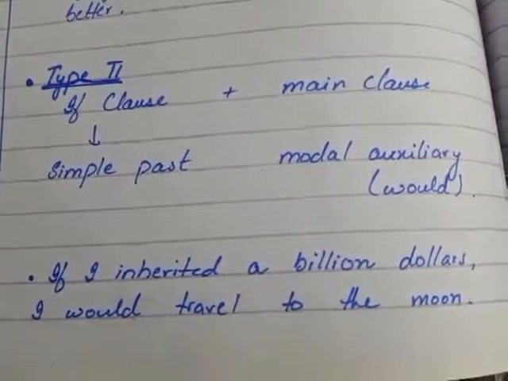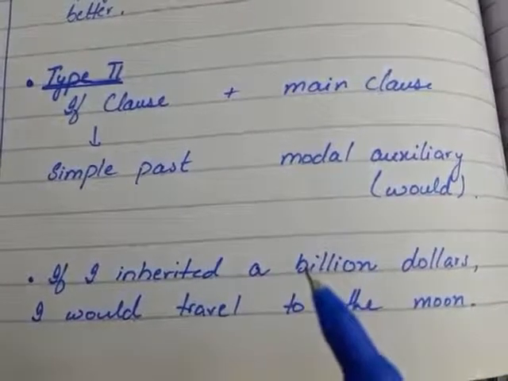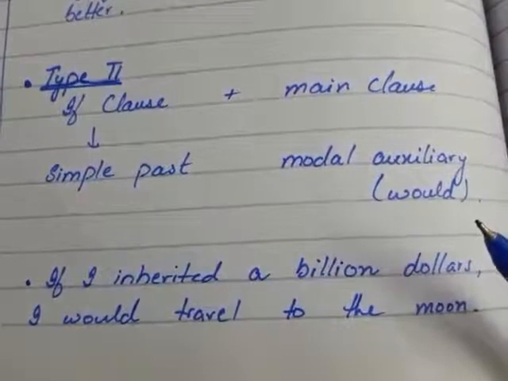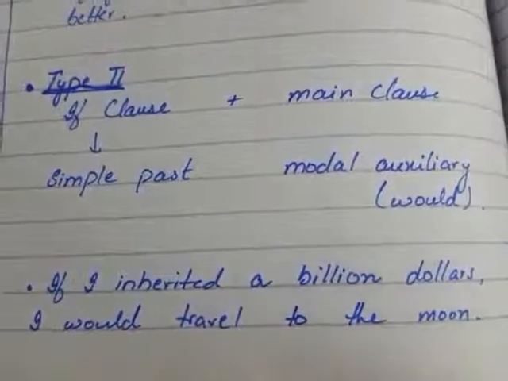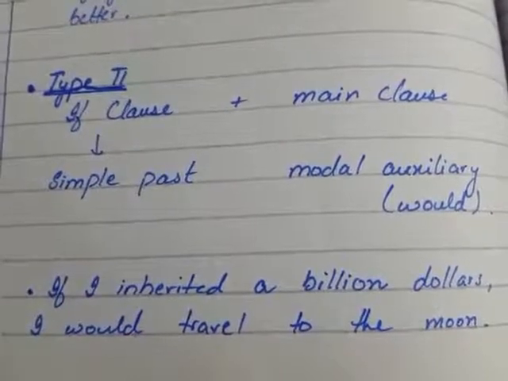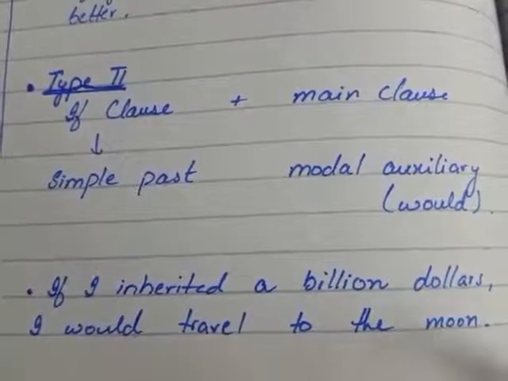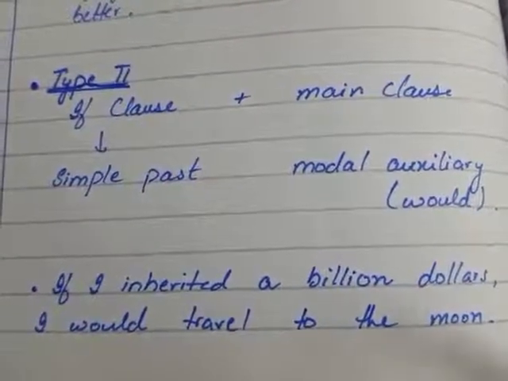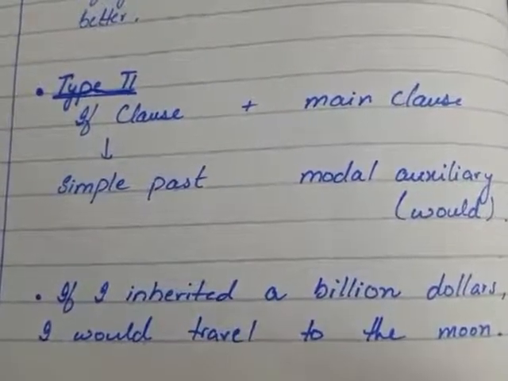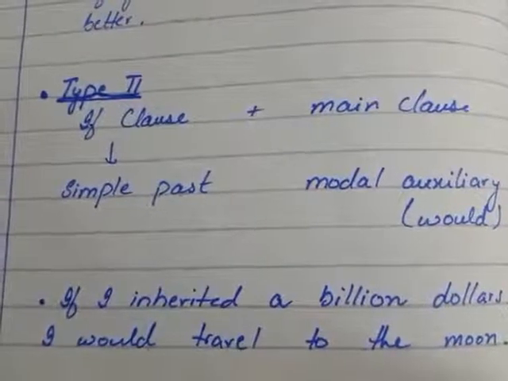Now, I would travel to the moon is a bit unrealistic. So, this type of a sentence is used to express the outcomes that are unrealistic or that are not going to happen in future. Another example is, if I were you, I would not do that.